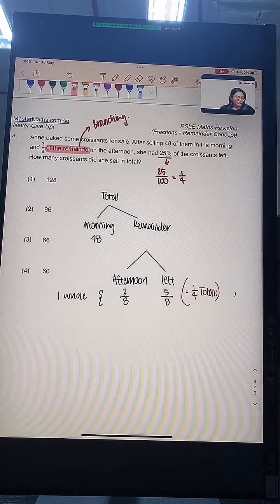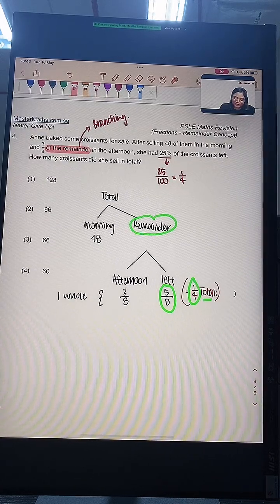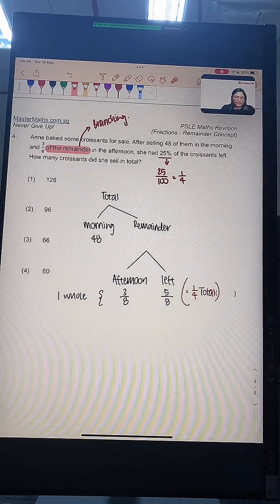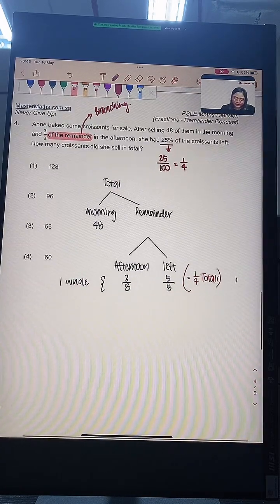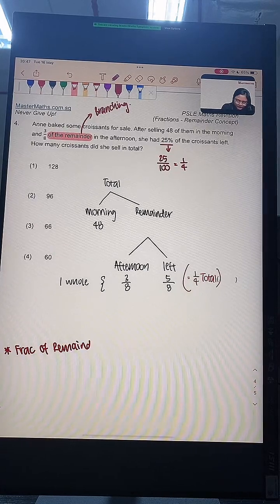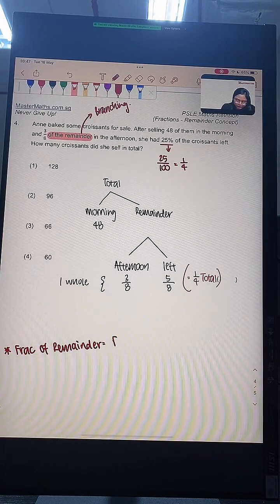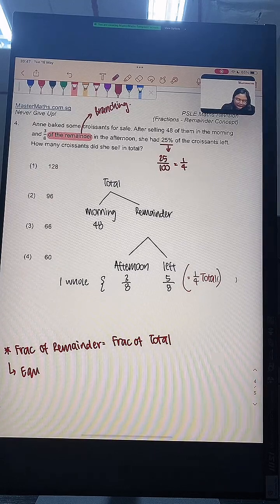Another learning point here: whenever we see a fraction of the remainder equals a fraction of the total, what we want to think of is the equal concept, specifically equating numerators.